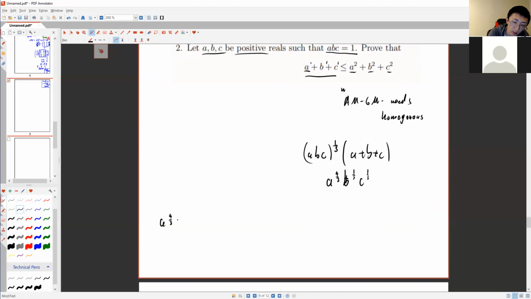So 4/3, 1/3, 1/3, and so on. And this is greater than or equal to, actually it's the other way.